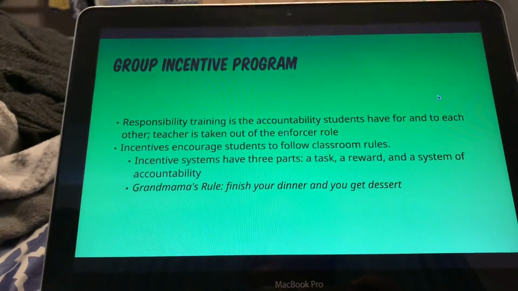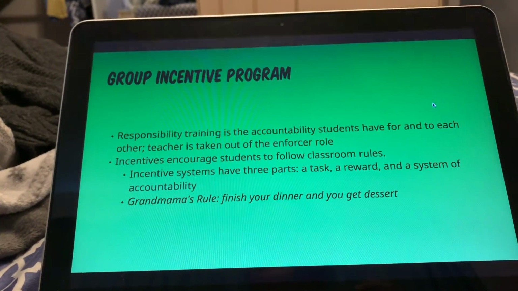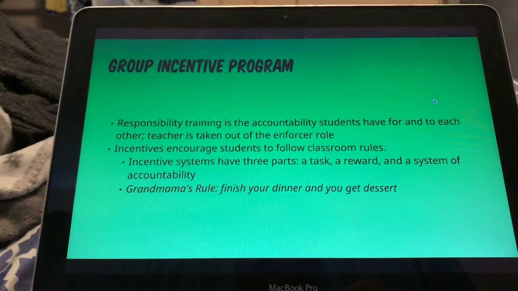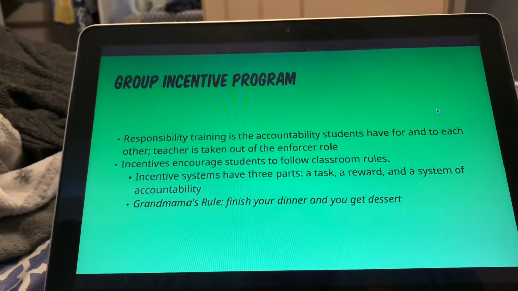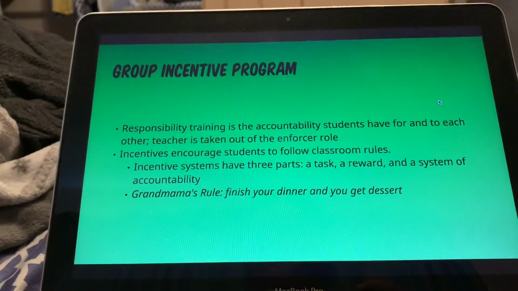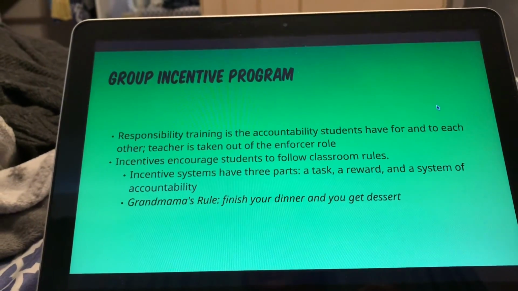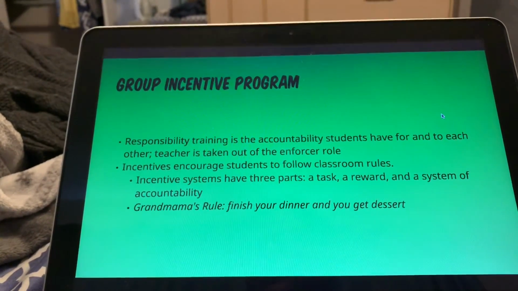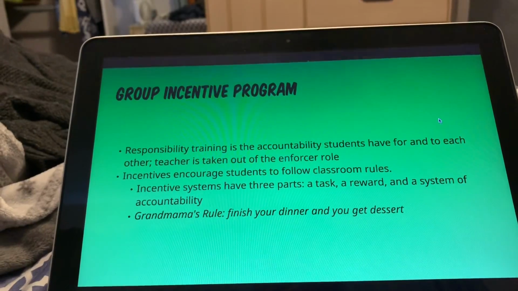It also talks in the textbook, this is on page 71, about incentive programs versus bribes, like bribing your students, like, oh, if you do this, I'll give you a piece of candy, can sometimes be seen as a bribe. But on page 71, it says that a proactive incentive program, such as responsibility training, is an exchange that is established in advance and is therefore not a bribe.